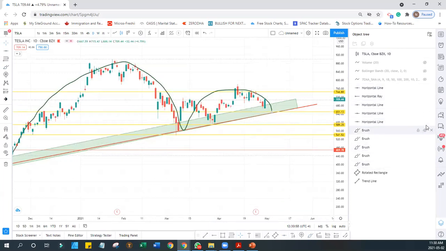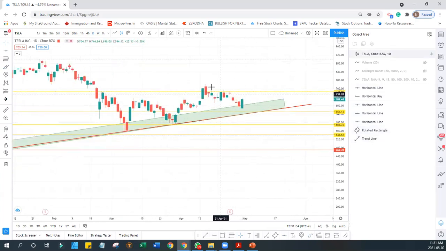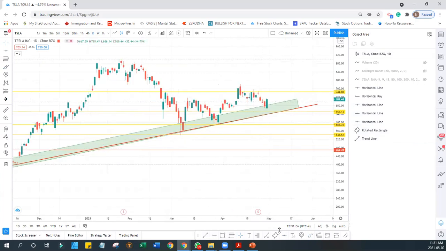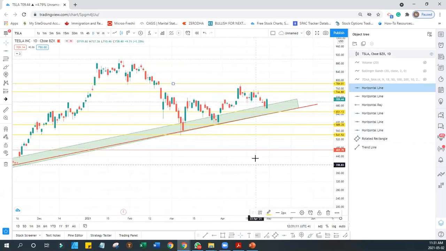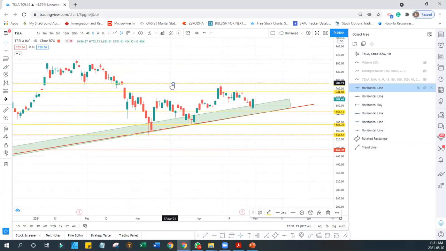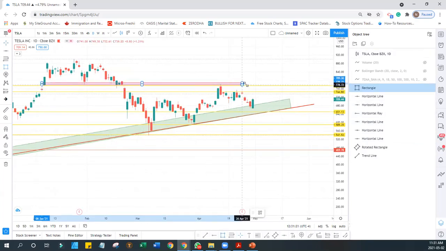I'm going to remove all those brush strokes. This is a strong resistance area. I'm going to make it nicer. If it goes up to 784, this will act as a good resistance, the 784 area.